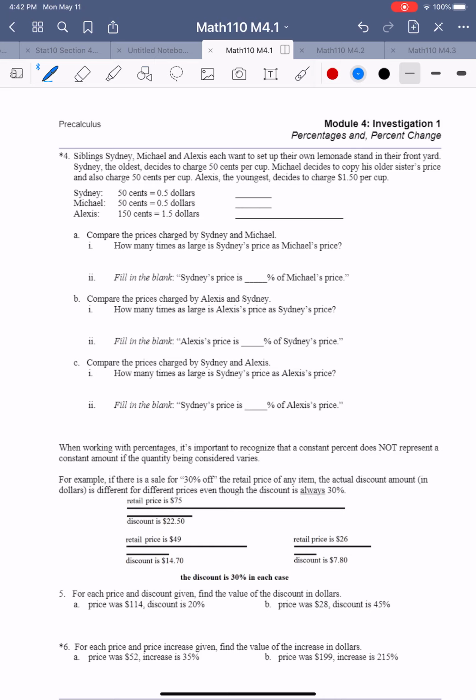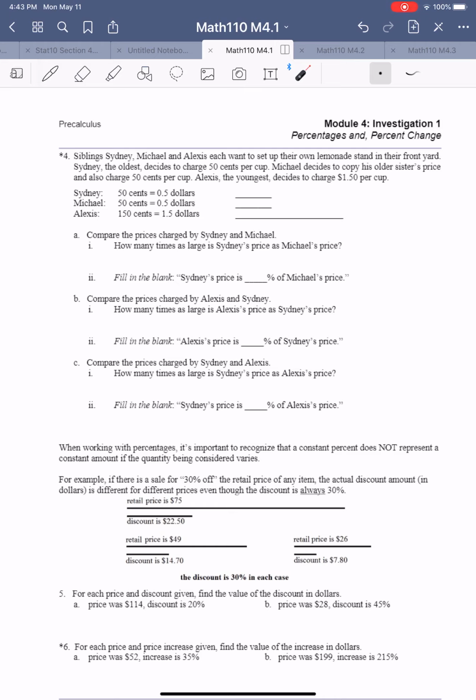Alexis, the youngest, decides to charge $1.50 per cup. So Sydney is 50 cents, which is $0.50, Michael is the same as Sydney, $0.50, and Alexis is 150 cents, which is $1.50.